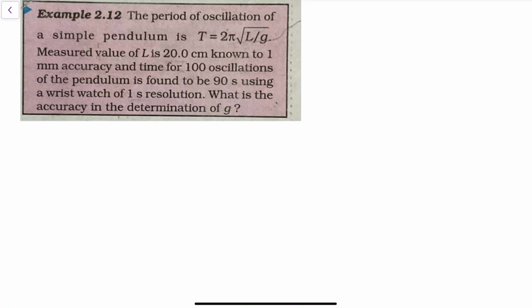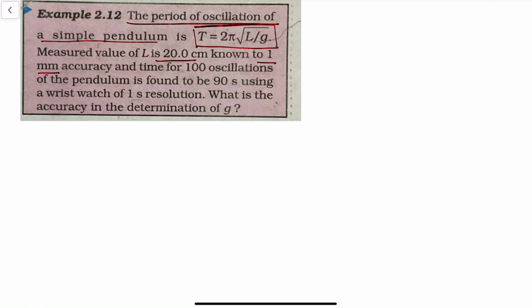The period of oscillation of a simple pendulum is given by the formula T is equal to 2 pi into root over L by g. The measured value of length L is equal to 20 centimeters. The accuracy, the limit of resolution, is 1 mm.